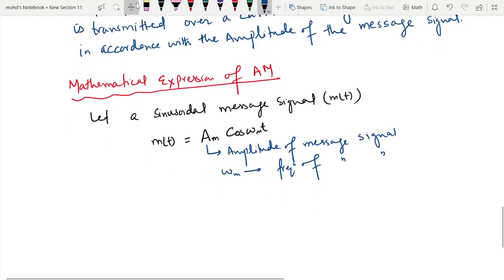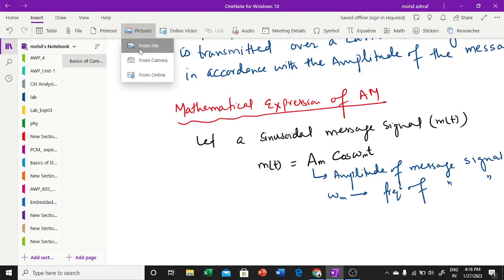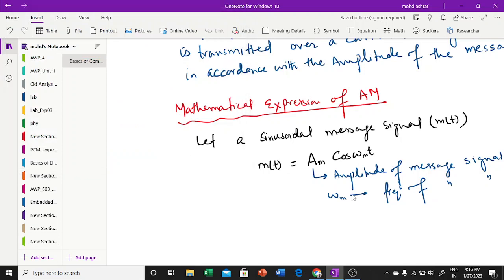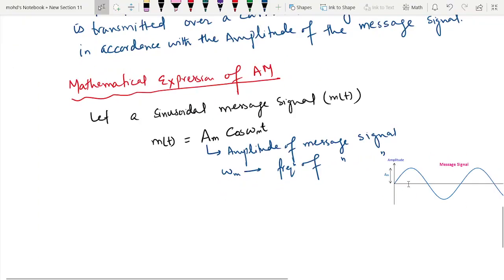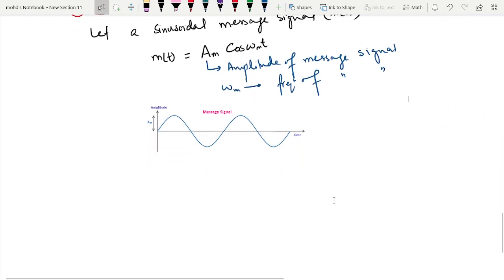So the message signal will look like this. Here we have a message signal with an amplitude Am and a frequency ωm.